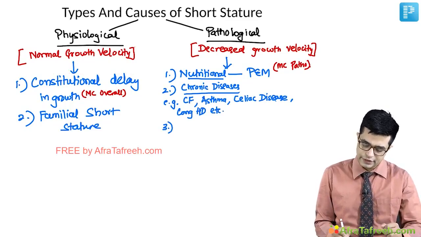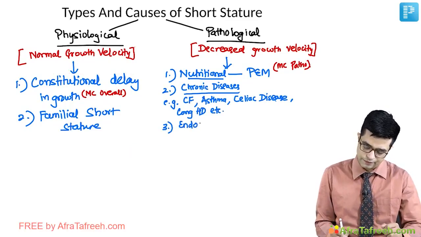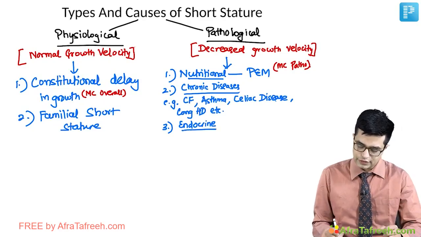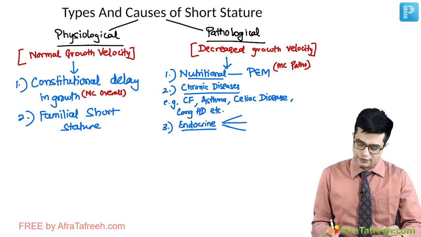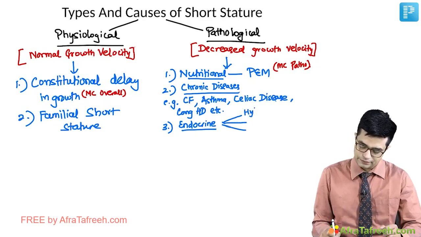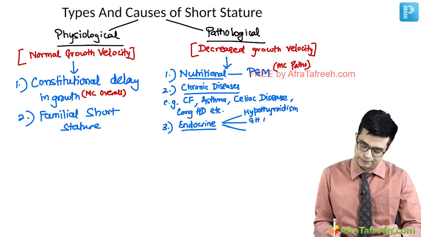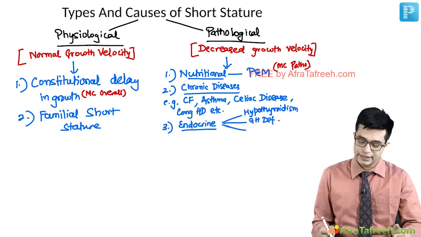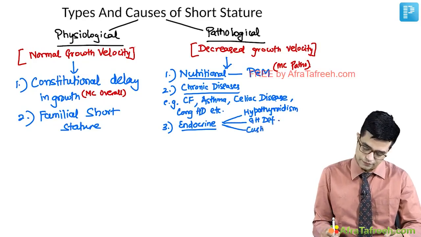Thirdly, it can occur due to endocrine disorders. Among endocrine disorders, there are three which are important. First is hypothyroidism. Second is growth hormone deficiency. And thirdly, it can occur due to Cushing syndrome.